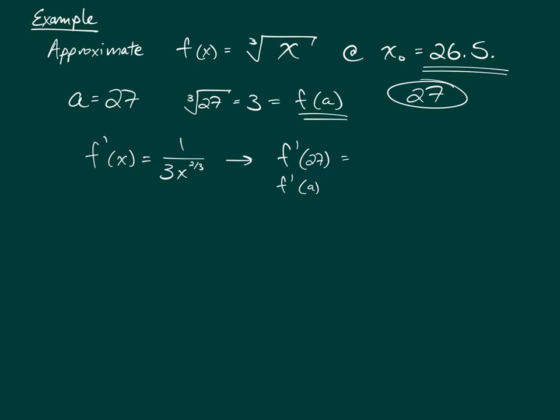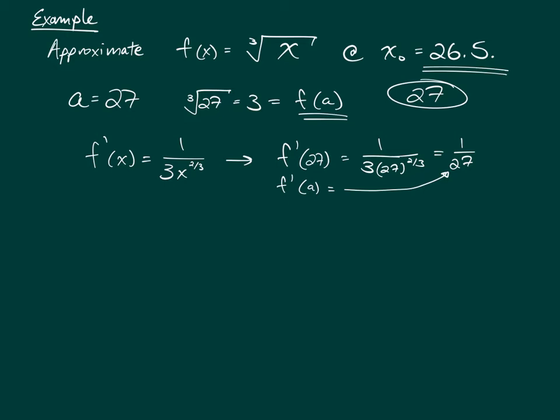So this will be 1 over 3 times 27 to the 2/3 power. And what that gives you here is 1 over 27. So f prime of a equals 1 over 27.